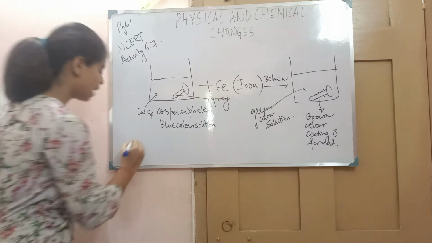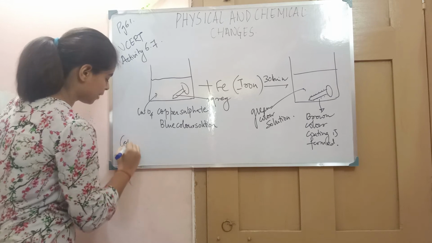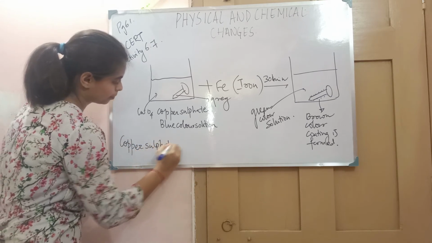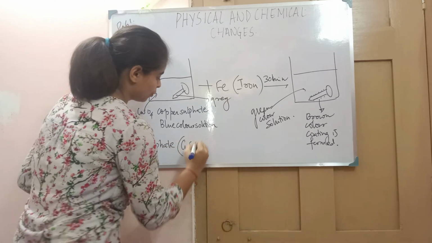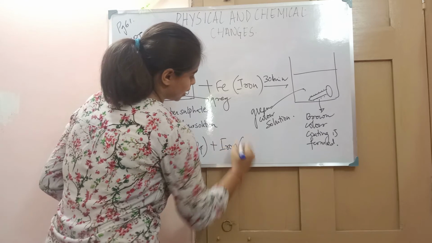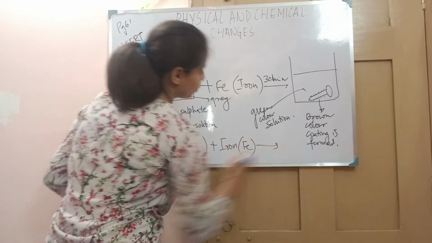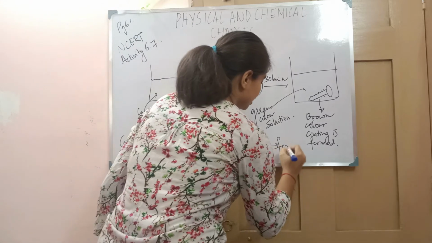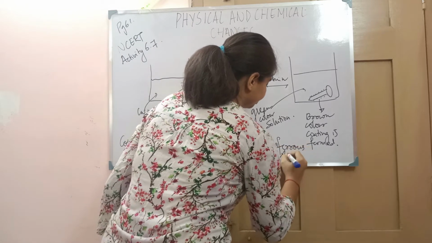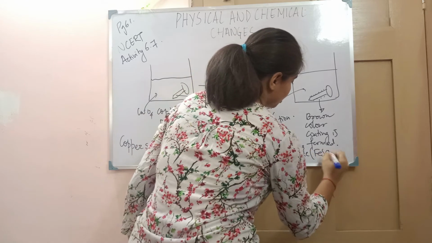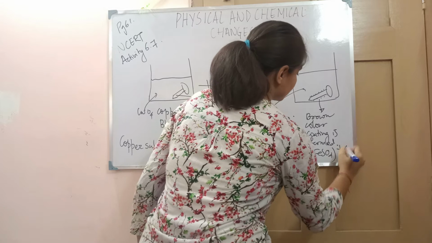It is happening that when copper sulfate, CuSO4, reacts with iron, that is Fe, it gives us ferrous sulfate, FeSO4, plus copper.